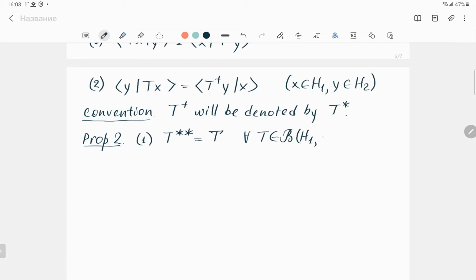In other words, T double star equals T. Second, this operation is antilinear. This is slightly different from the respective property of the operation of taking the dual, which is linear. The operation of taking the adjoint operator is antilinear for the same reason, for the reason that the canonical bijections from Riesz's theorem are antilinear.